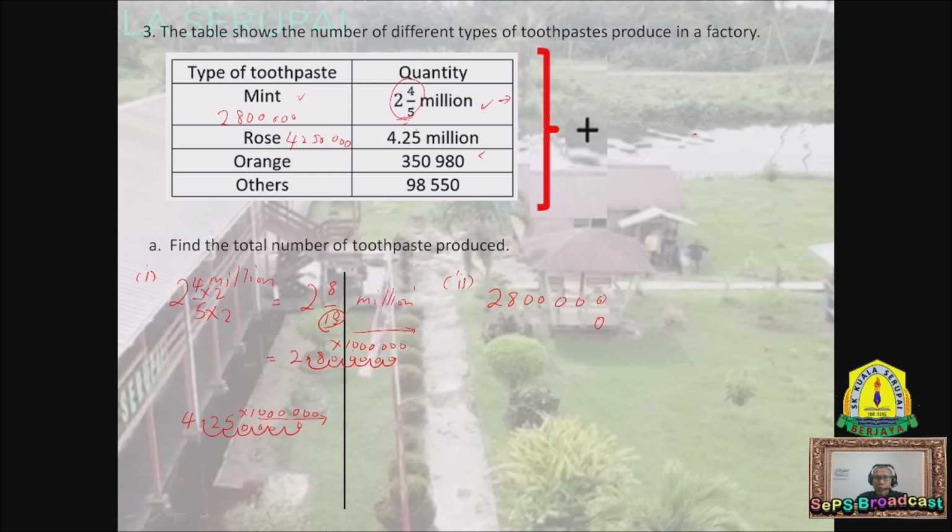Always start from ones. This one is 4,250,000. And then we have to add this number. Always start from ones so that you won't jumble up your place value.